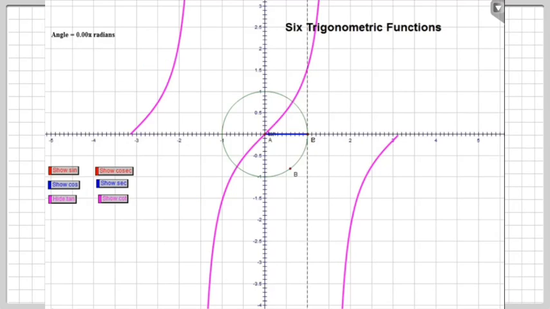Okay, now what I'm going to do is create the graph of tan for you from the unit circle.